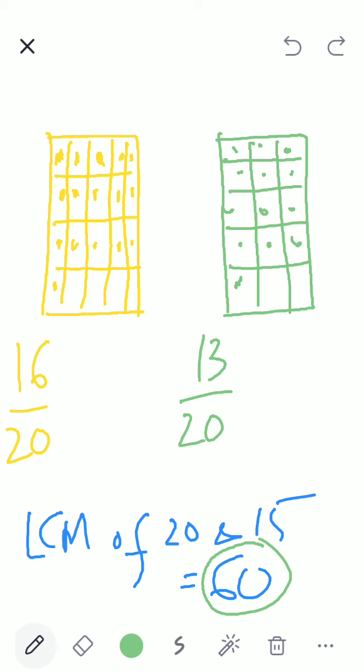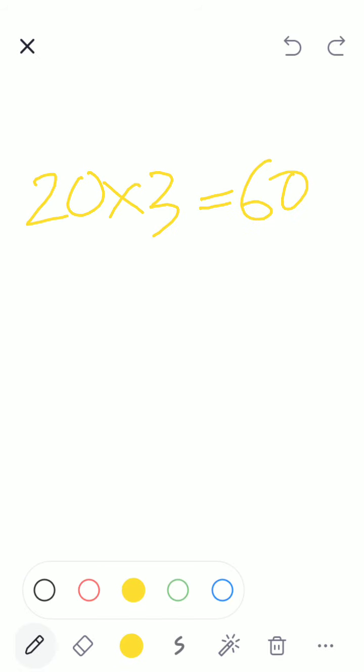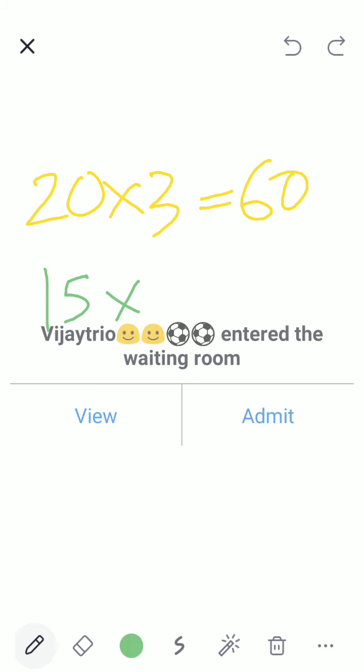We found the LCM and I want to convert both these fractions to like fractions. Since 20 and 15, the closest multiple which is common to 20 and 15 is 60. It is the least common multiple. 20 multiplied by 3 equal to 60. 15 multiplied by 4 equal to 60.